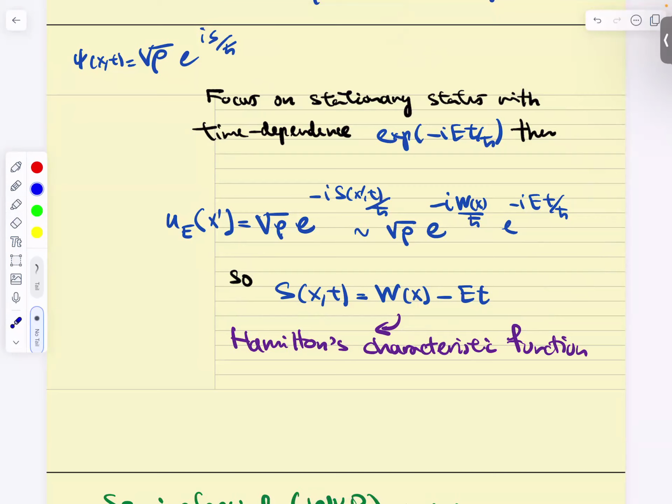That's our goal. Let's nail that. So we want to talk about energy eigenkets, hence the time independent Schrodinger equation. We're going to focus on that, and we're going to use the fact that the phase of these guys should have this form to design an approximation method for energy eigenkets. Is that clear? This approximation method is called WKB.